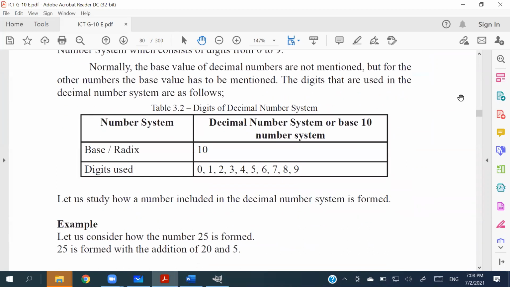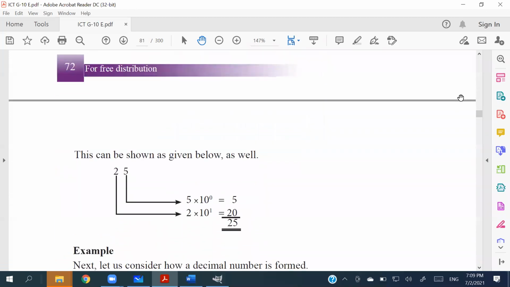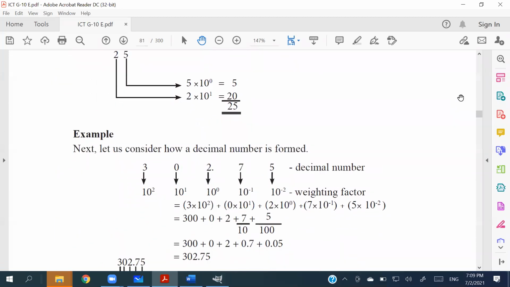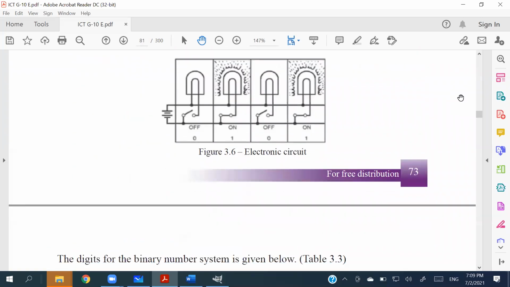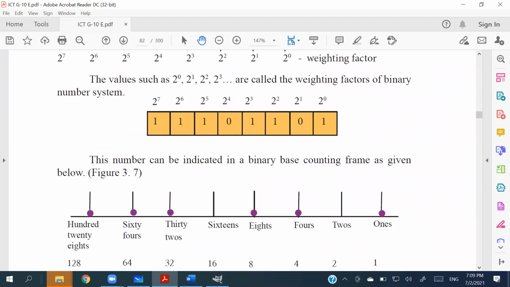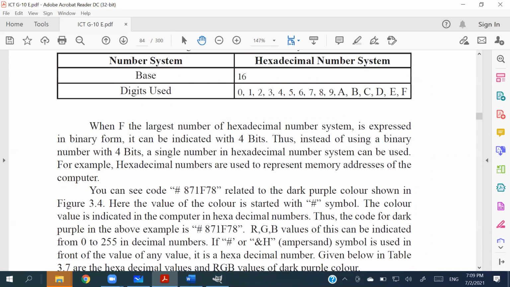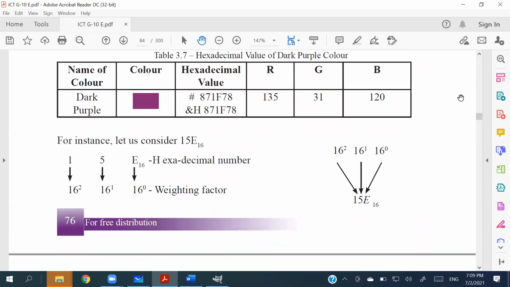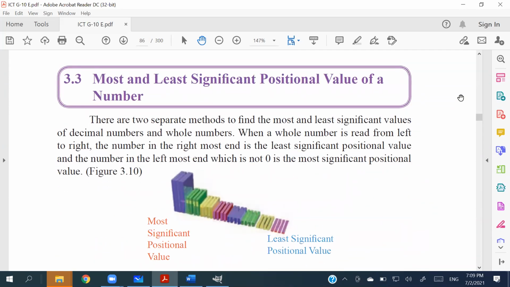Right, now these are some things that we talked about, people, so I'm not going to explain them again and again. They just explain things in a very descriptive manner, so you know about these things. Now I'm going to take your attention to a very nice concept called the least significant digit and the most significant digit, right?